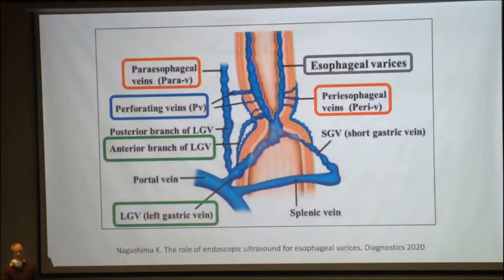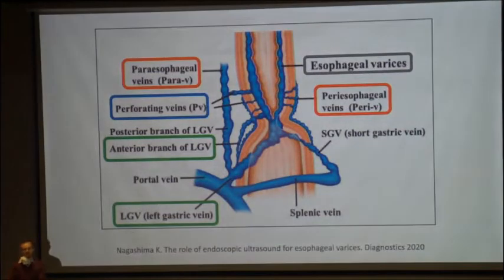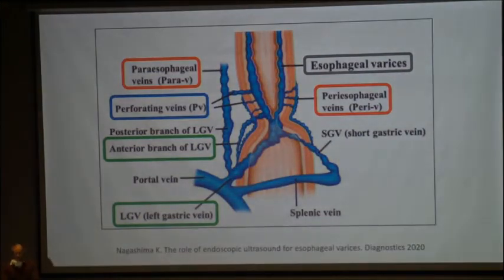Now, how does this knowledge help us in the management of patients with esophageal varices? There have been various studies which have analyzed the predictors of esophageal varices recurrence after endotherapy. The most important feeder vessel for the esophageal varices is the left gastric vein, which arises from the portal vein. The varices also get a small contribution from the short gastric vein.